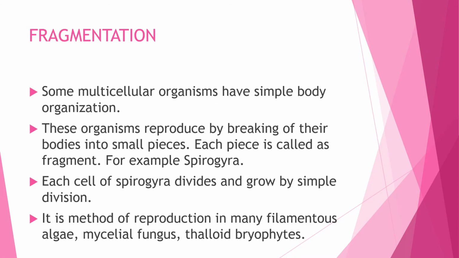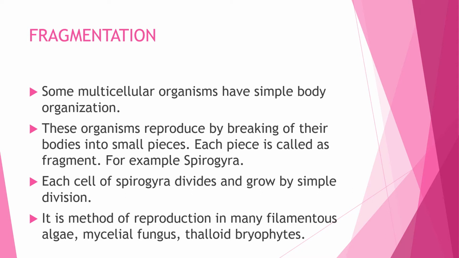Now we go to the next process. Fragmentation means the formation of fragments. Some multicellular organisms have a simple body organization, and these organisms reproduce by breaking their bodies into small pieces, and each piece is called a fragment.